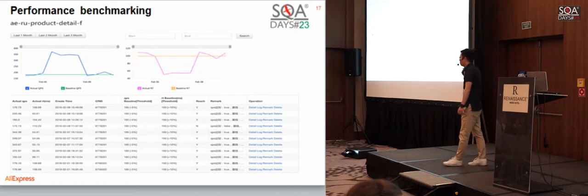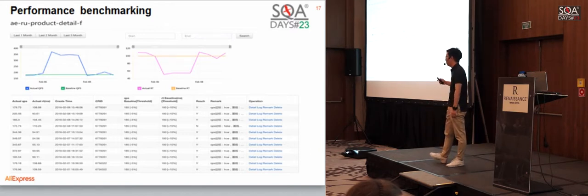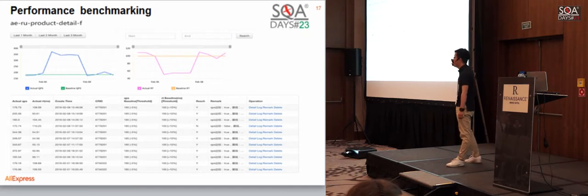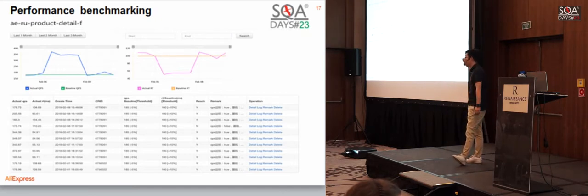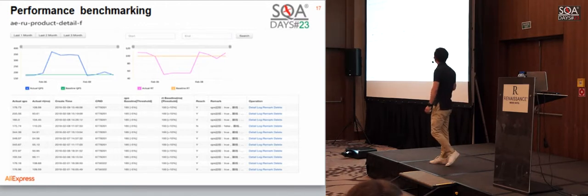We can use these two indicators to judge if the performance has changed in the project. If it changed a lot, the result will be marked as no, meaning the test did not pass. We need to optimize the performance of these applications.